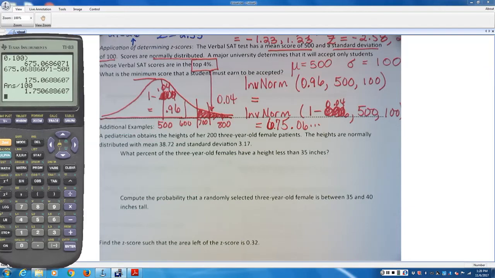So even though it's only just a little tiny bit more than 675, realistically speaking, you'd have to have a 676 to get in if they took 4%. Okay? And on the one hand, those of us with our 675 say, well, I only missed by a little bit, but they have to draw the line somewhere. So they drew the line at 676.